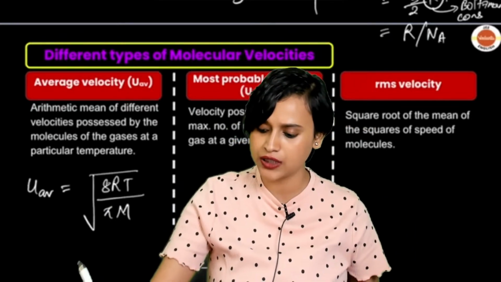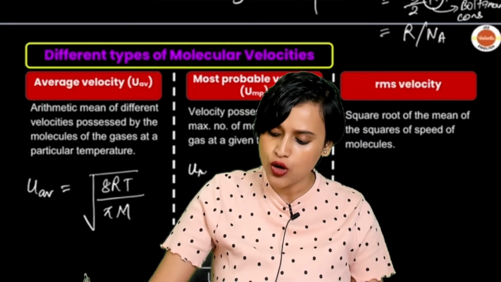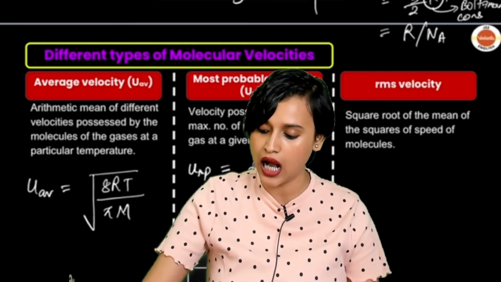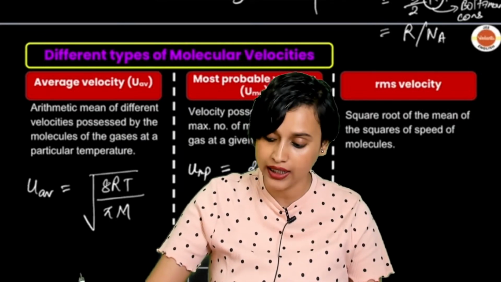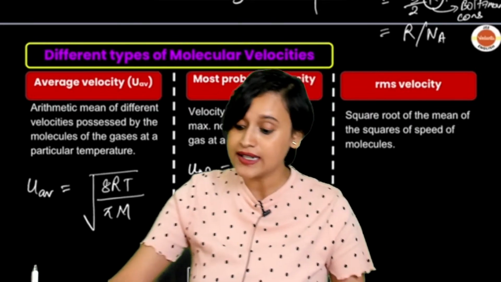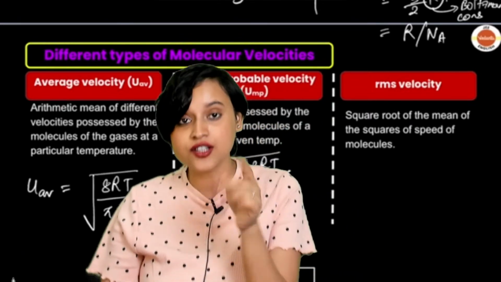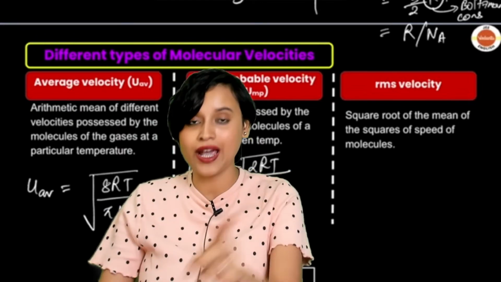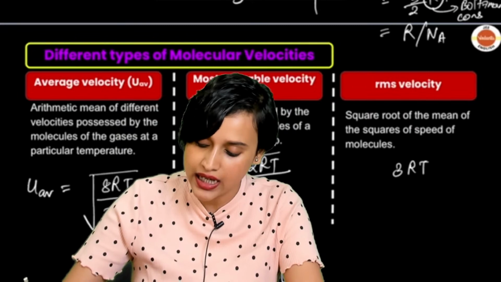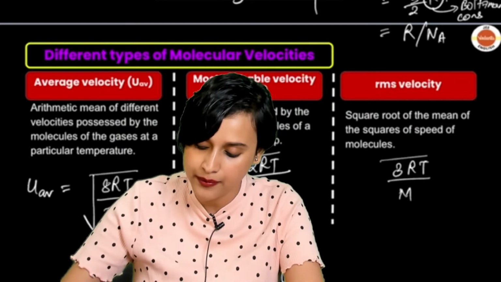So UMP, the most probable velocity, will be root over 2RT divided by capital M. Am I right? Yes. Then what is RMS velocity? RMS is the square root of the mean of the square of speed of molecules. So that is, my dear students, root over 3RT divided by M.